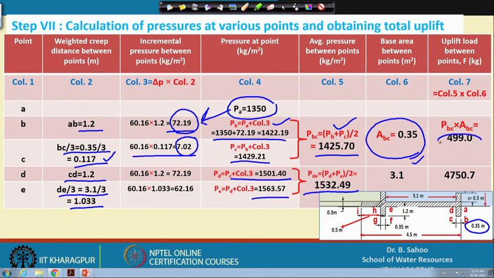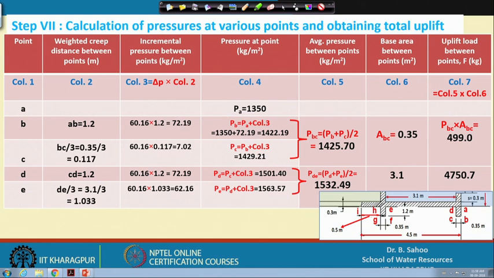So, here you will get 499 kg, that is your uplift load for B C along the line B C. Similarly, you can calculate for line D E. Here the base area is 3.1, and the uplift load will be this P D E, 1532.49 into 3.1. So, we will get 4750.7. Similarly, we can go for calculation of other points.